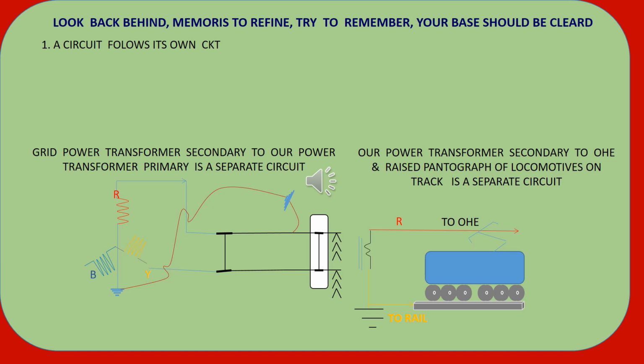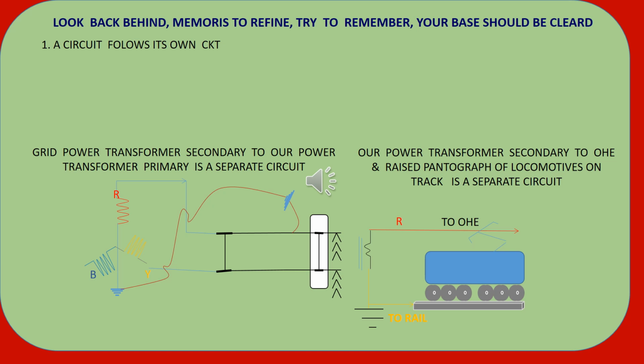So the transformer has divided our system in two parts, and there is no connection between the two. So for any failure or breakdown, it will affect that side only.